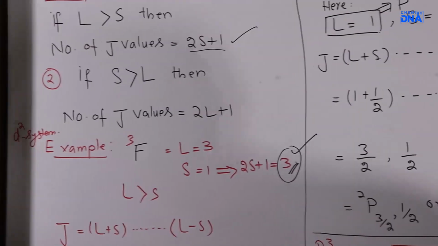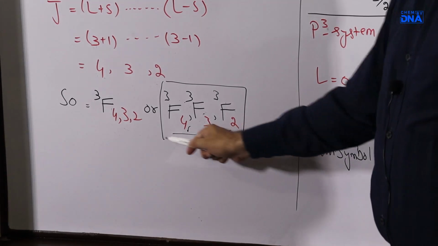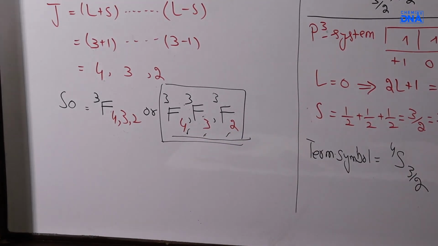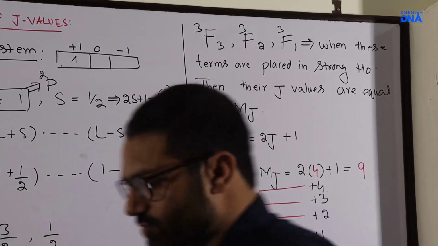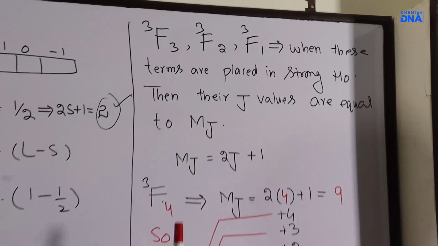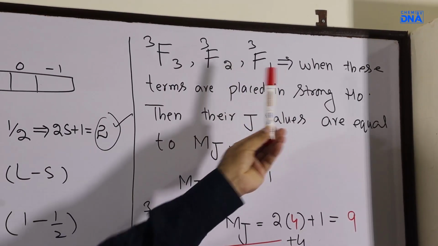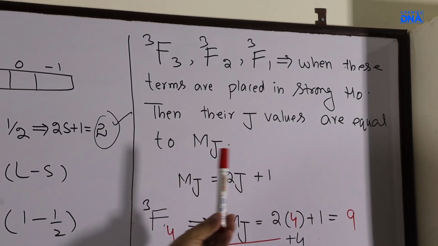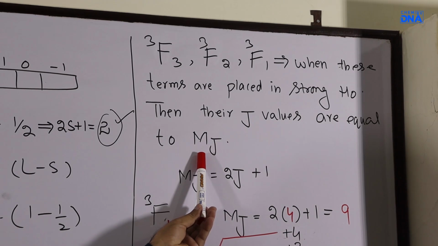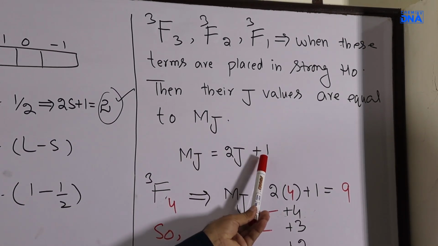Now, these 4 spectroscopic terms will be placed into the strong magnetic field. And let us come to the point that when these terms are placed in a strong magnetic field, their J values give Mj, and the formula is 2J plus 1.